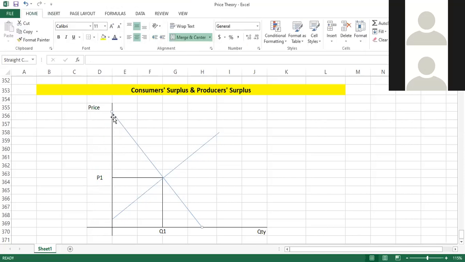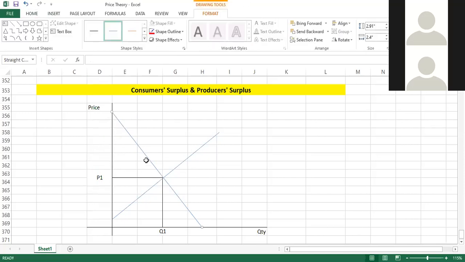This triangular area is the consumer surplus. This area is the consumer surplus. If the price the consumer is willing to pay is more than the equilibrium price, there will be a surplus.